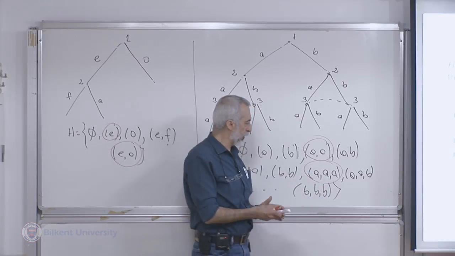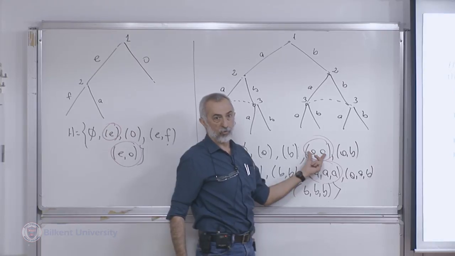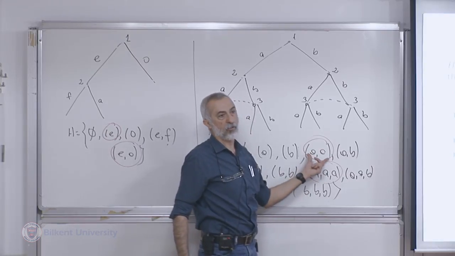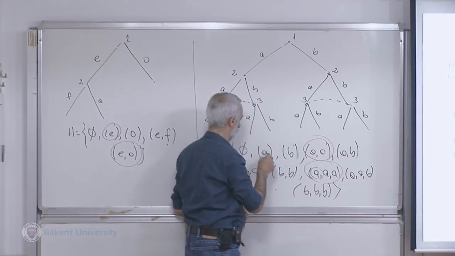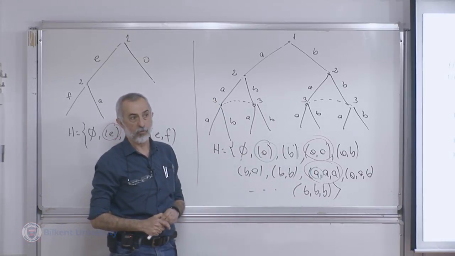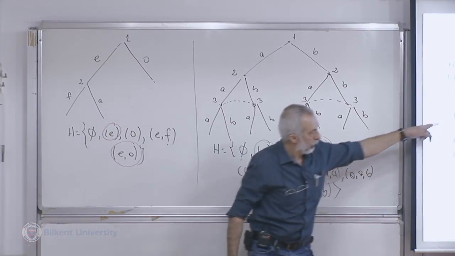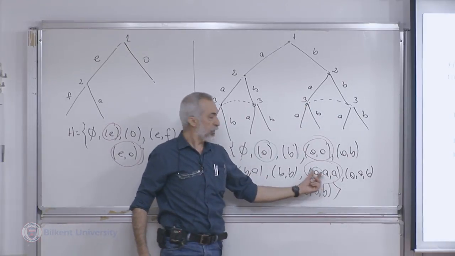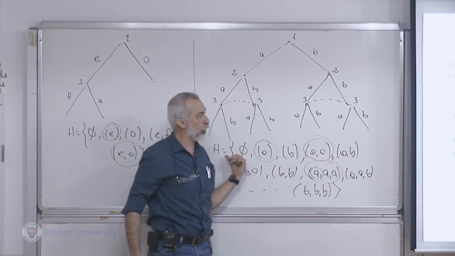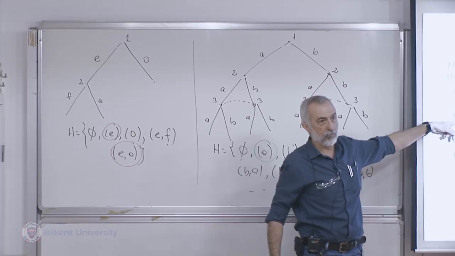We cannot have lived through this history without having lived through this history. We could not have arrived at this state without having gone through this state. And for the same reason, this should also be a history. So if such a sequence is in H, then any initial segment of that sequence should also be in H. That's what this condition says.